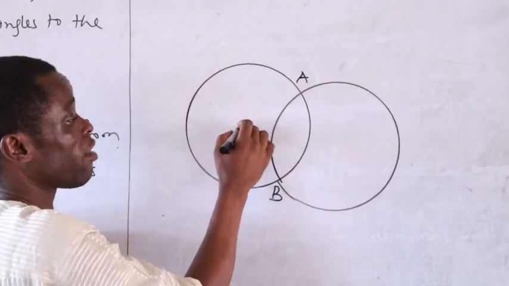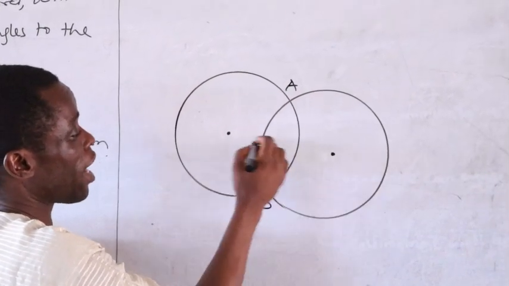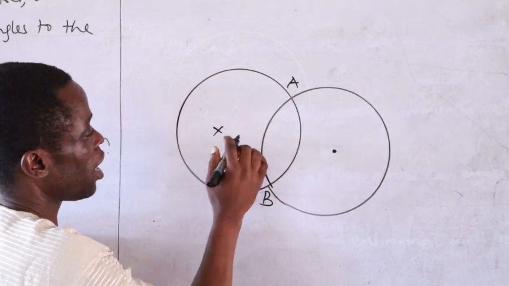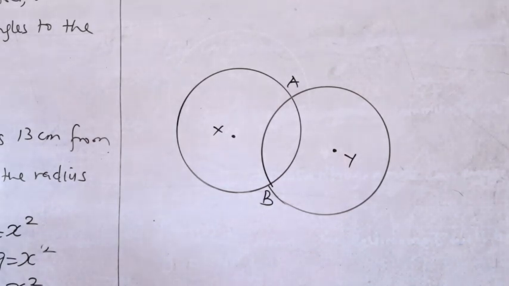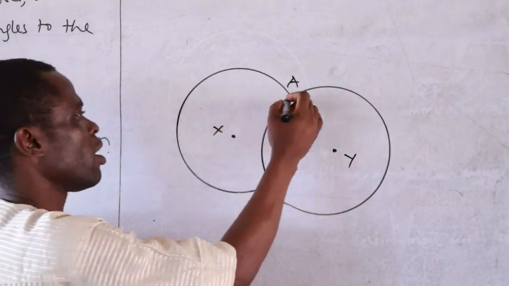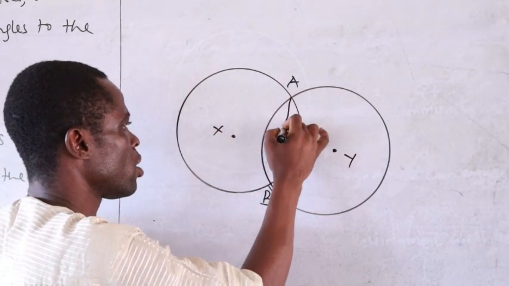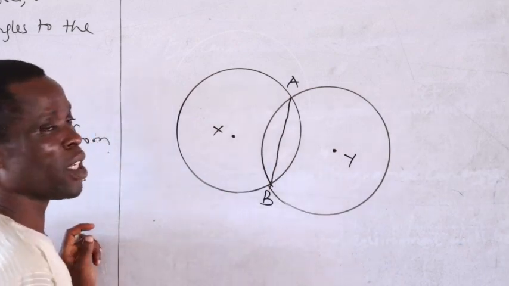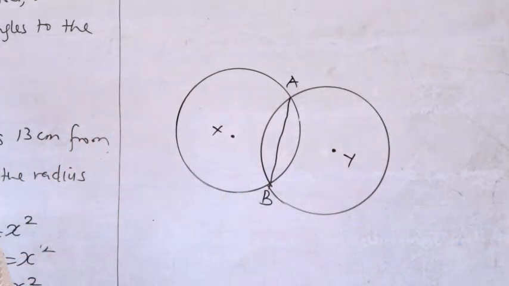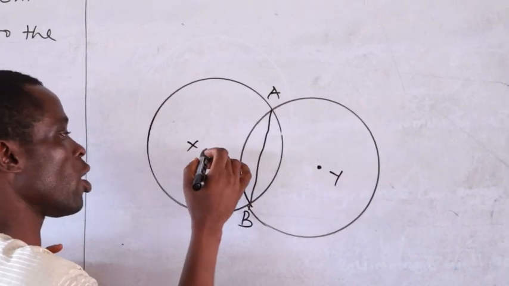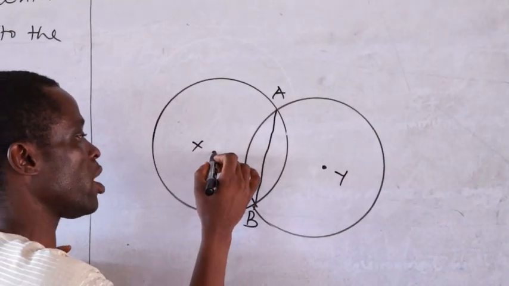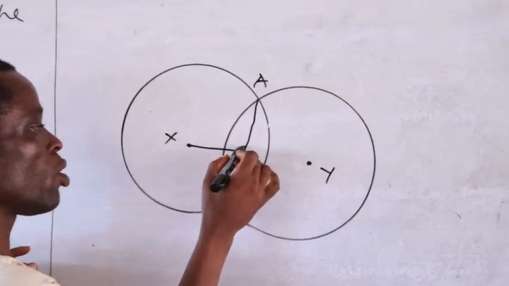Now we also have that X and Y are the centers. AB is given as 24. Now, what is AB to these two circles? Chord. And you know that there is one theorem which states that a line drawn from the center is perpendicular to the chord.